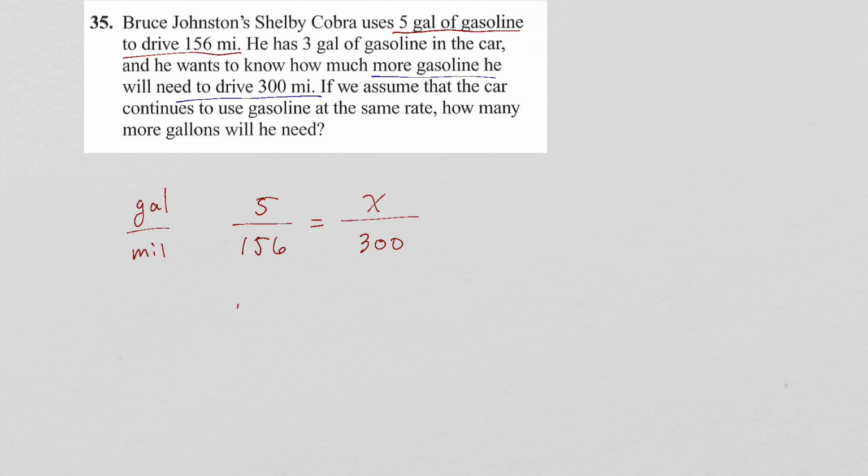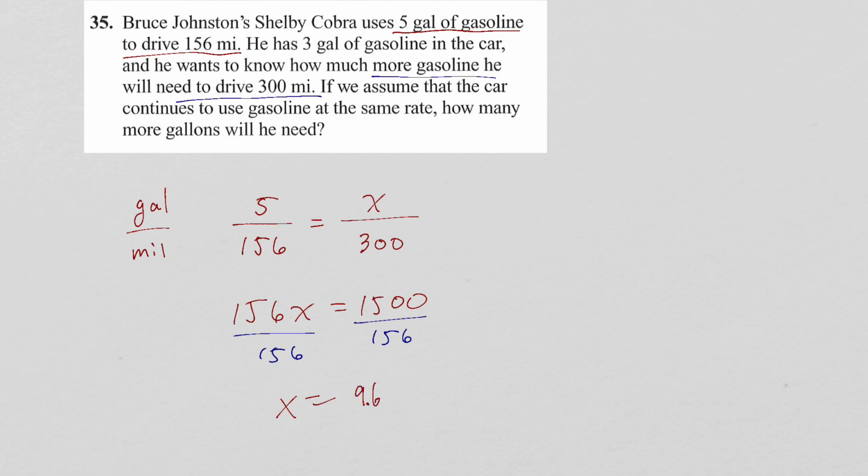And I'll cross multiply. This is 156x is equal to 1,500. Oop, that's 15,000. And then I'm going to divide each side by 156. And I'm going to get x is equal to, I'll just grab a calculator. And I get 9.6.